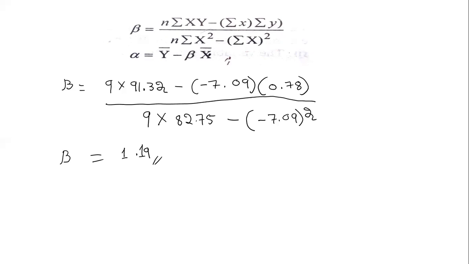Moving further, now we have to calculate the alpha. The formula for alpha is alpha is equal to Y bar minus beta into X bar. Y bar is the stock return, and X bar is the market return. So we have to calculate Y bar.